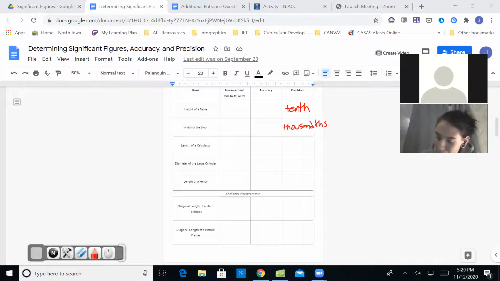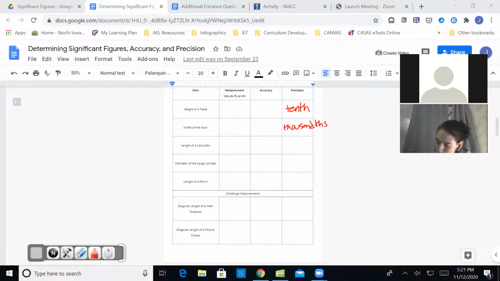The length of the calculator, that's the one we had to go to the 30 seconds, correct? So this one's going to have a precision of, let's see, tenths, hundredths, thousandths, ten-thousandths. Is there 4 behind the decimal? No, there's 5 behind the decimal point, correct?